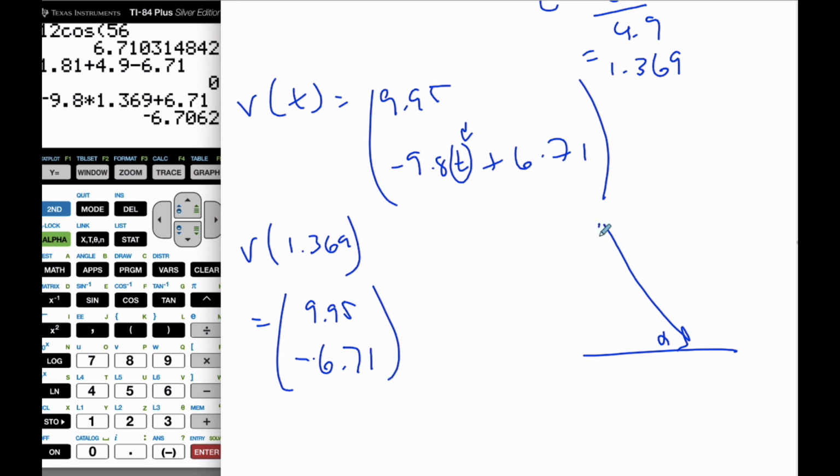So that means going down, the velocity is negative 6.71. Going across, that component is 9.95.